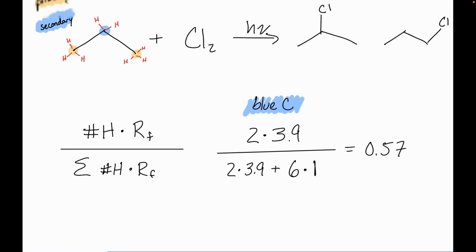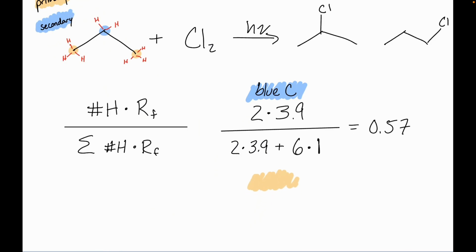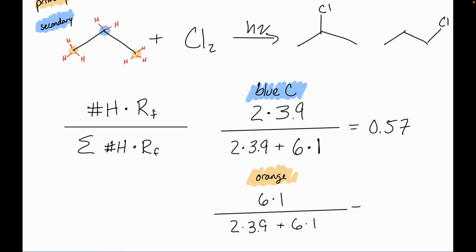If I were to do the same thing for the orange carbon, in this case, since there's only 2, I could just subtract 1 from that 0.57, but just to do it the long way here, I'm going to use that 6 times 1 value and then divide it by that total, the 2 times 3.9 plus 6 times 1, and I should just get the reverse. 0.43.